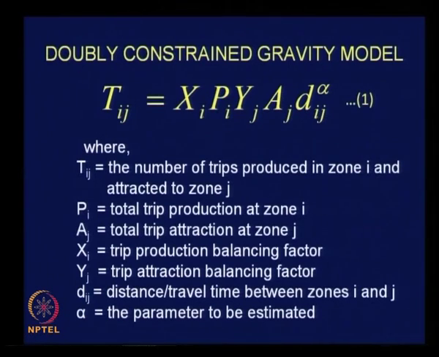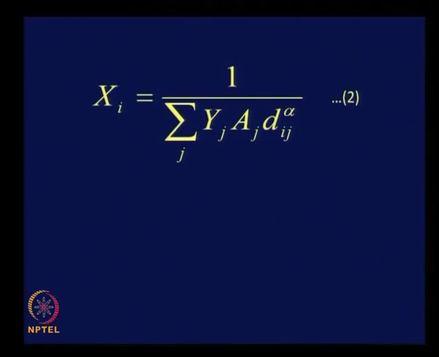And Xi and Yj can be written as follows. Xi is written as 1 by sigma j equal to 1 to n Yj Aj Dij raised to power alpha, okay.